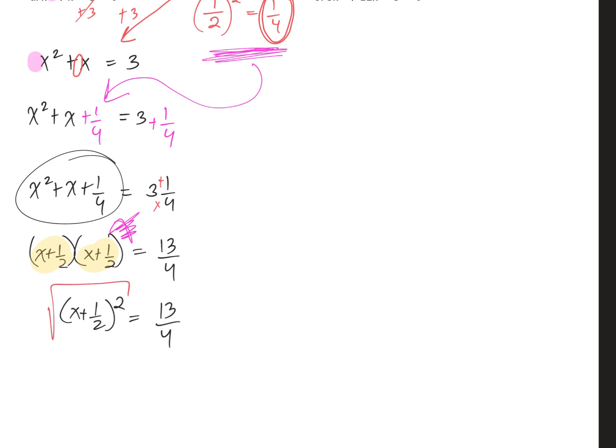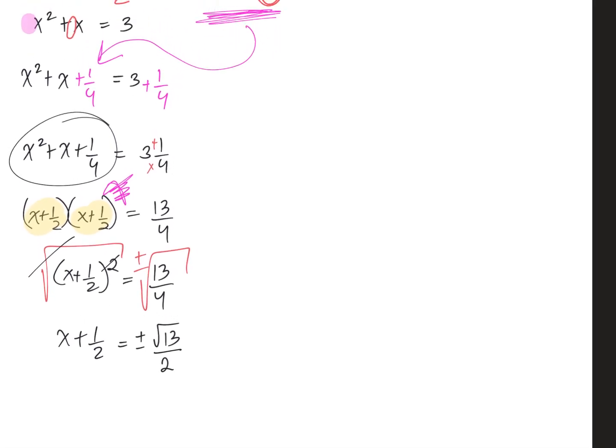So now let's go ahead and take advantage of that. Square root both sides. Remember your plus or minus. The square cancels, and we're left with x plus a half equals plus or minus the square root of 13 over, and I'll simplify that root 4 into 2. Then we can subtract a half from both sides, and we get x equals negative 1 plus or minus root 13 over 2.